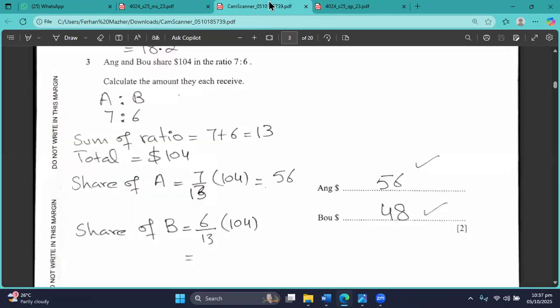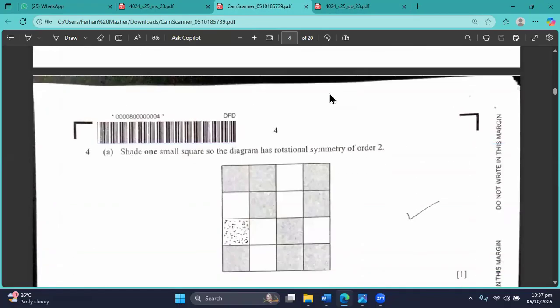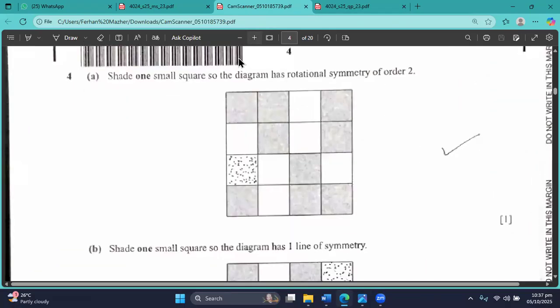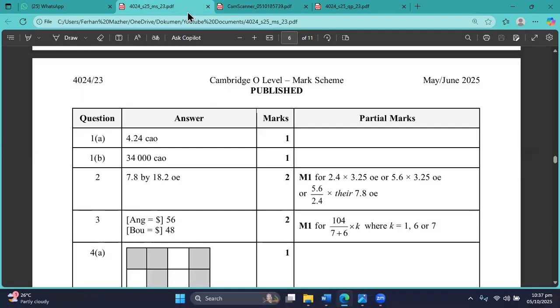It's like a fan of 2 blades. When you have rotational symmetry of order 2, it is a fan of two blades. So shade this one. Now it has order of rotational symmetry 2. Let me show you.